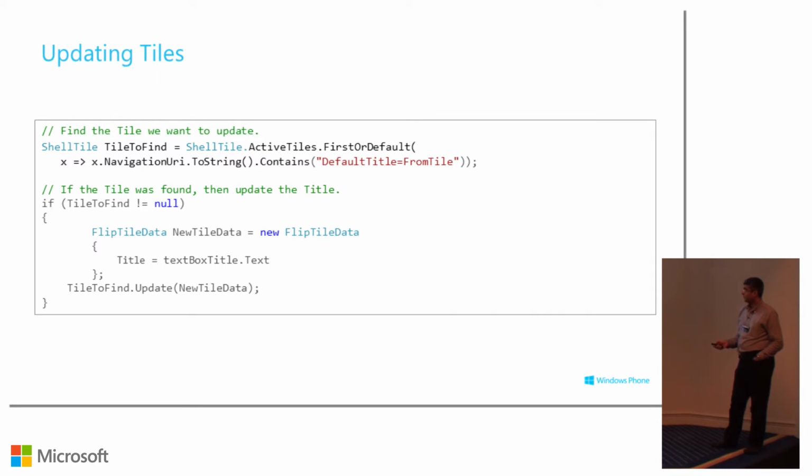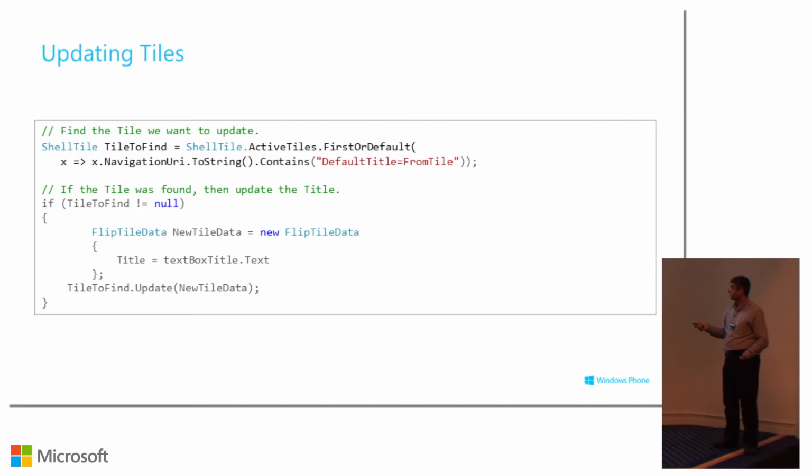You can also update the data. So over here you can get the list of tiles. The first tile, the default tile, is always the application tile. Even if it has not been pinned to the start, there is something in the list called the default tile. That's the first tile, and then the rest of the tiles are secondary tiles.